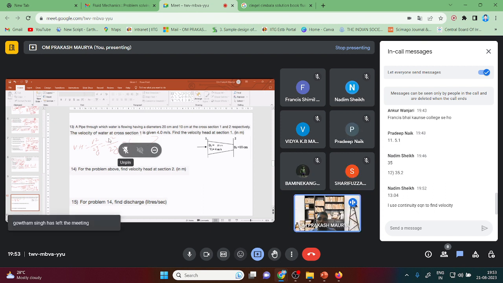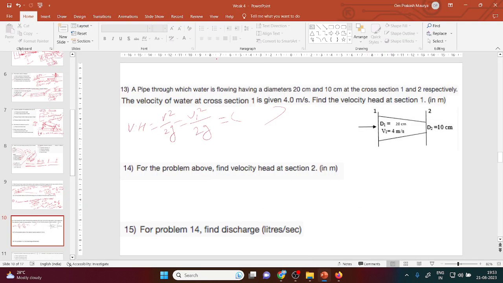You need to calculate v square by 2g. Let me explain on the board: that is 4 square by 2 into 9.81, that is 16 by 2 into 9.81, which is 0.81.